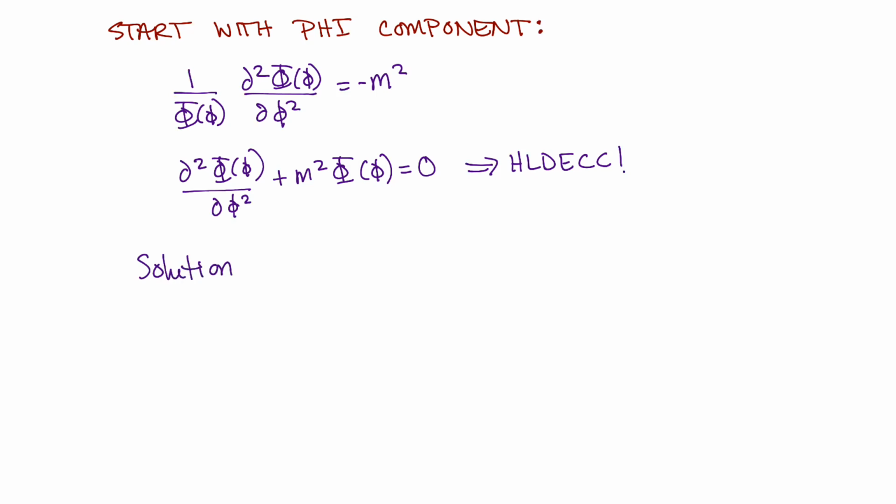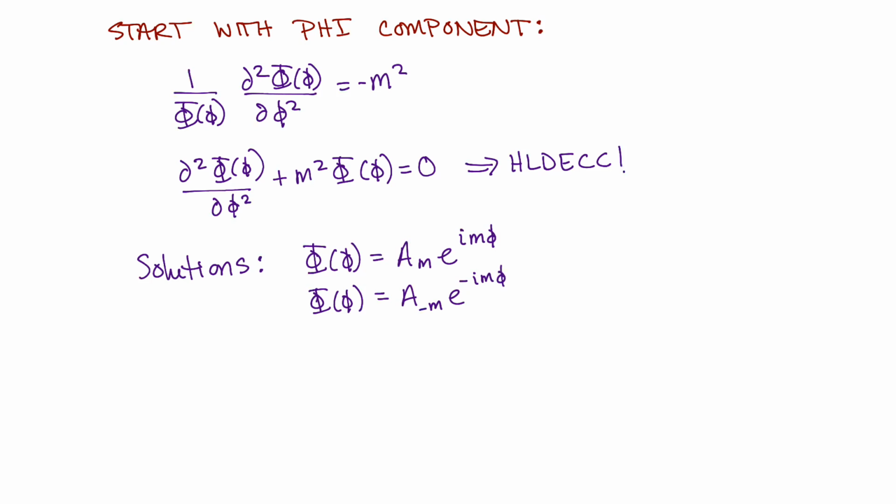Okay, so solutions, similar to before when we've seen these types of expressions, are going to end up being of the form of our exponential. Remember, you could write these in either your cosine-sine version. We're going to stick with the exponential version just because it's kind of nice to work with in spherical coordinates.